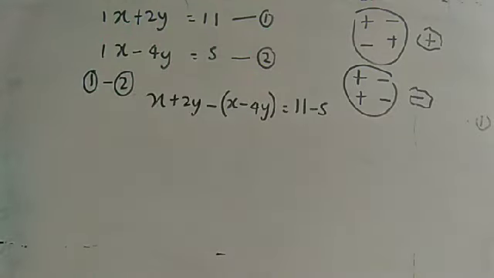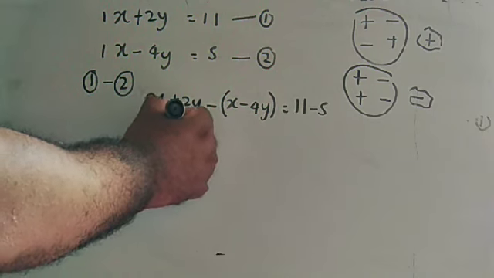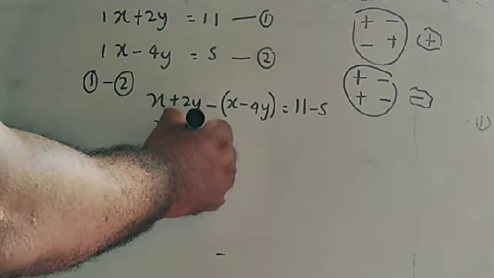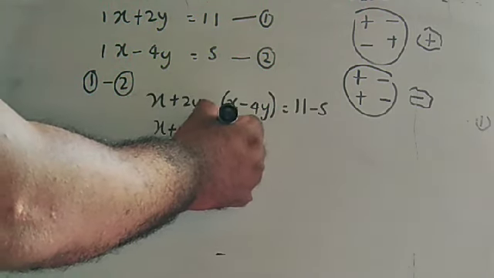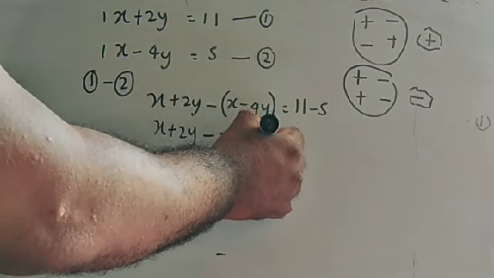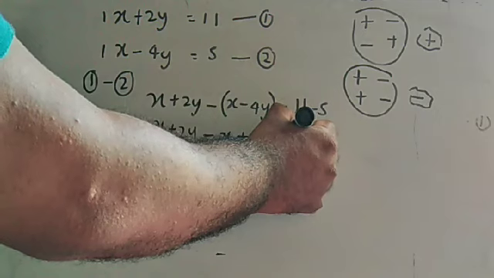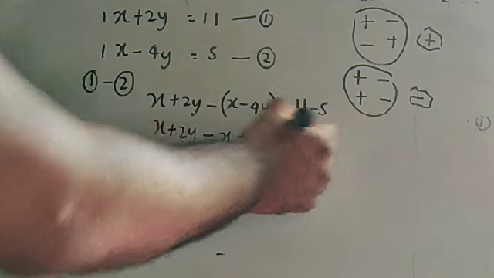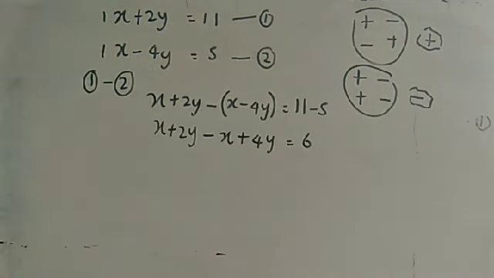Right? Then here x plus 2y minus x plus 4y. 11 minus 5 is 6, right? Then look at this.